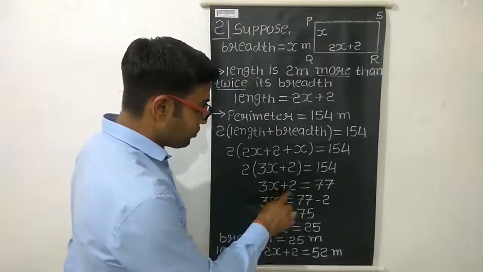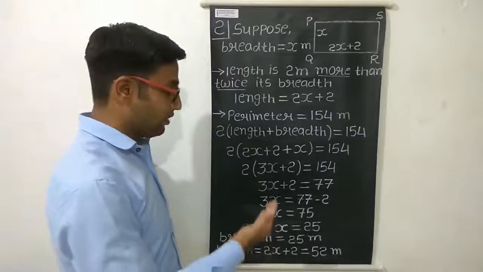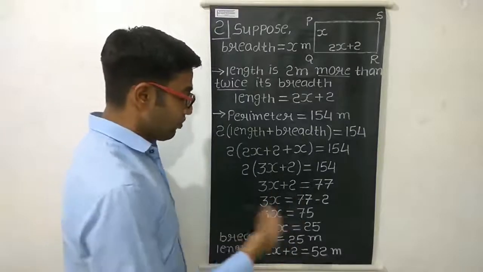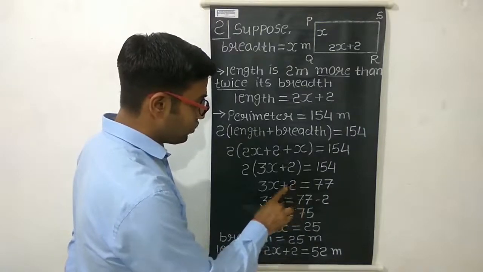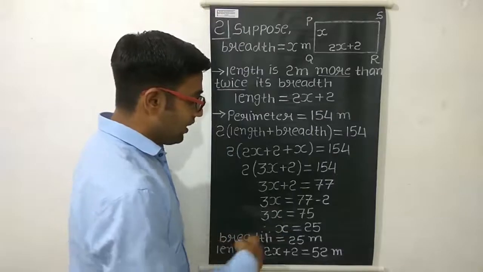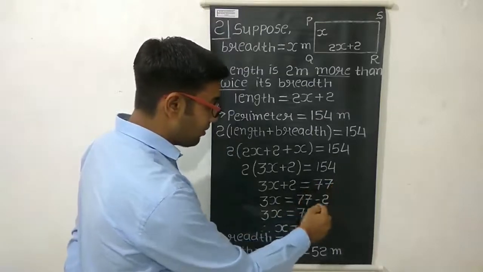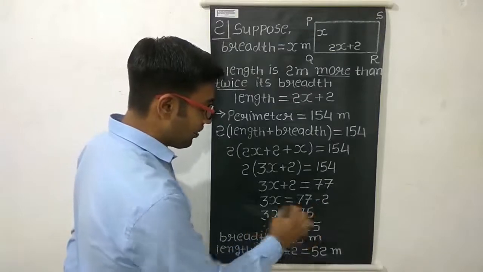Now again plus 2 is there. To remove plus 2, we have to subtract 2 from both sides. So by subtracting 2 here, minus 2 and plus 2 will cancel out, and only 3x will remain. And by subtracting 2 from the right hand side, we get 3x is equal to 75.